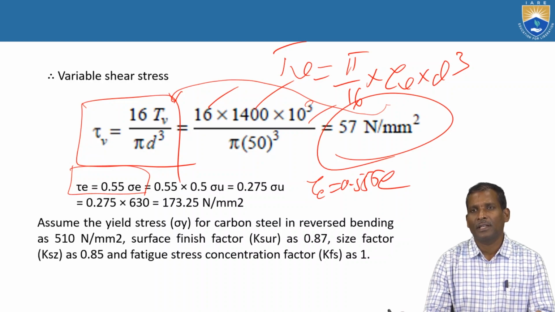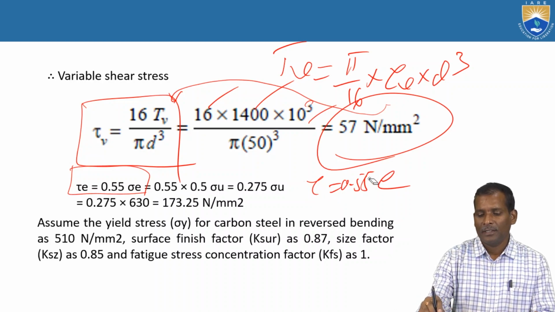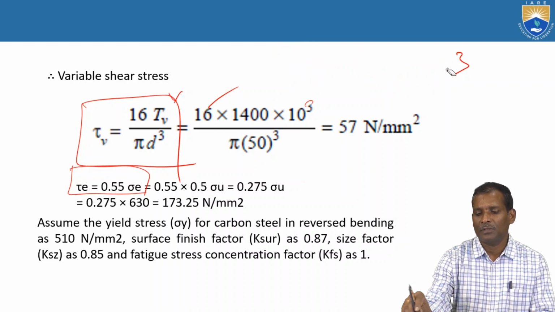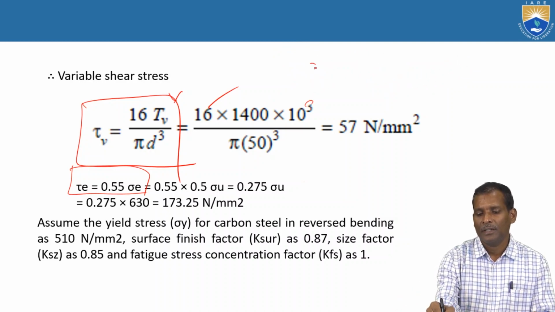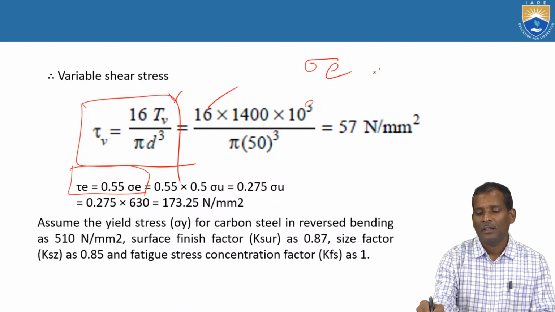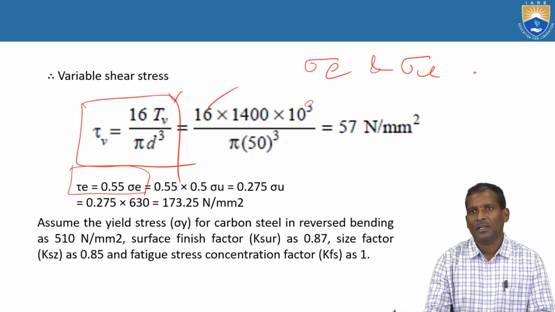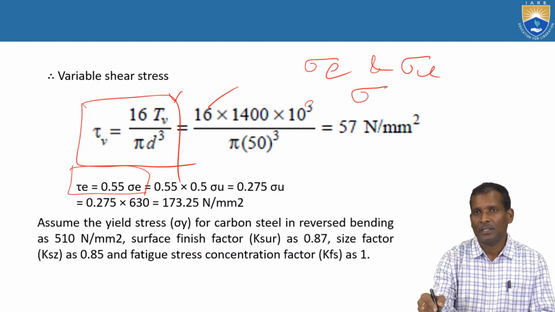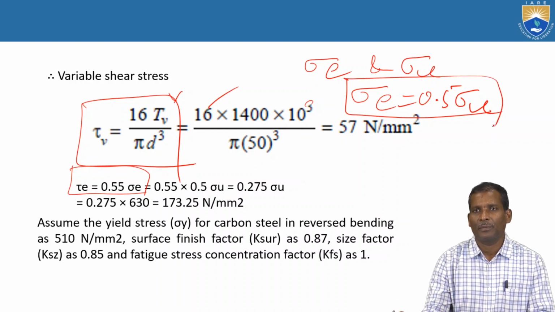If the given material is ductile, take 0.55 sigma e. The relation between the endurance limit and the ultimate strength, for steel or ductile material, is sigma e equal to 0.5 times the ultimate strength.